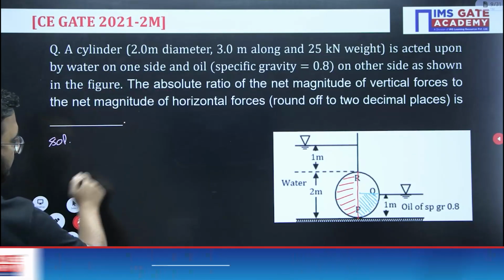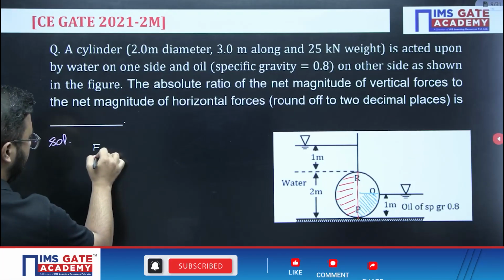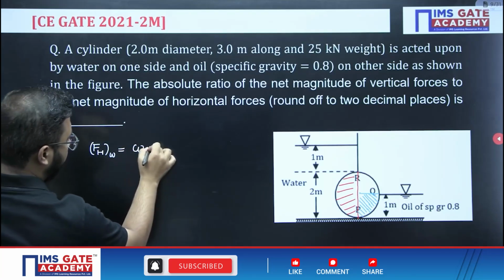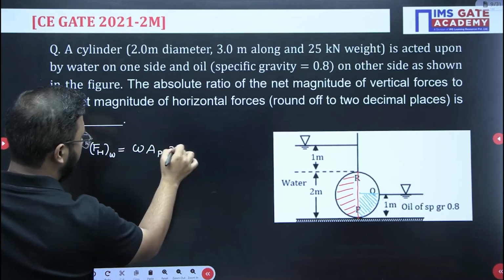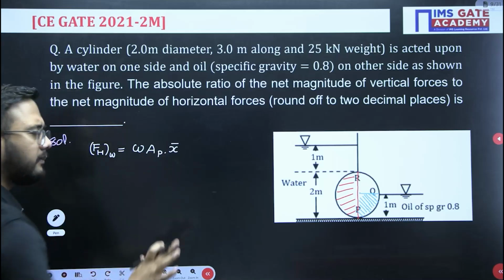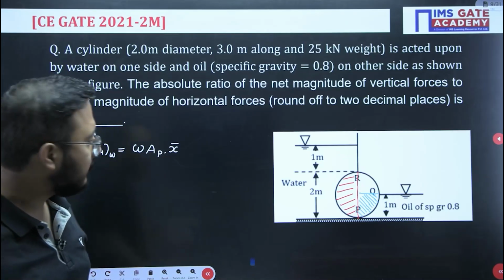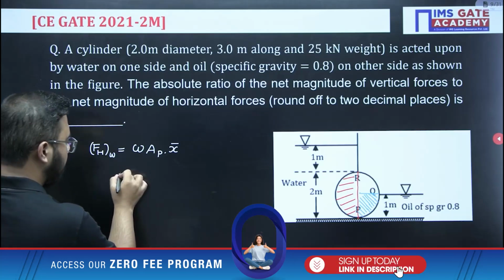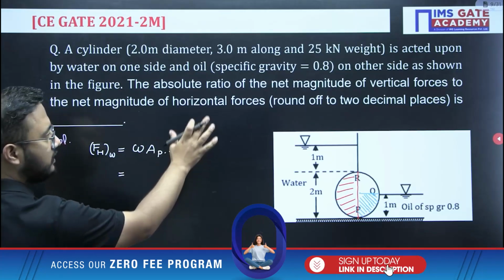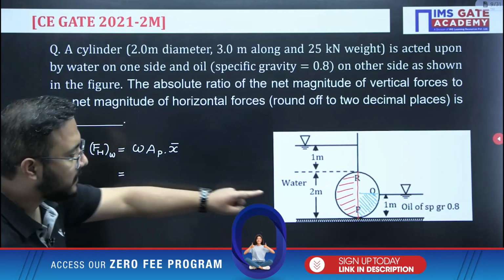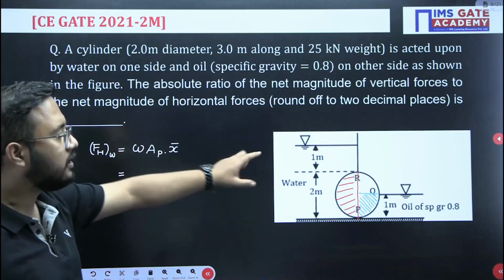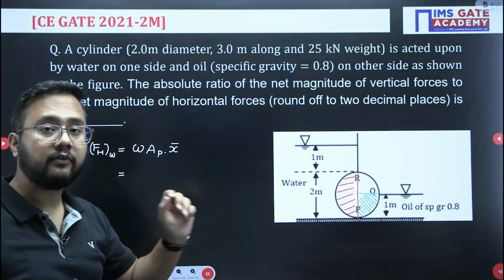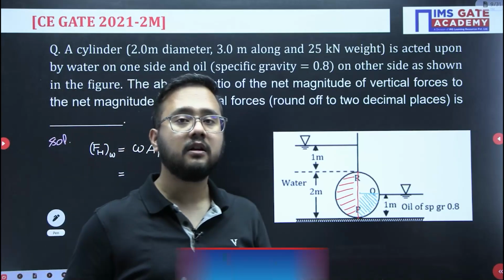Now, please understand here, if I have to calculate the horizontal force because of the water, that will be specific weight into projected area into x bar, right? The same formula will be used for the horizontal forces for water and also oil. So one by one, first water calculation we will be doing. They have given the oil specific gravity 0.8, and the weight of the cylinder also, 25 kilonewton. That will be considered while calculating the net force in the vertical direction.